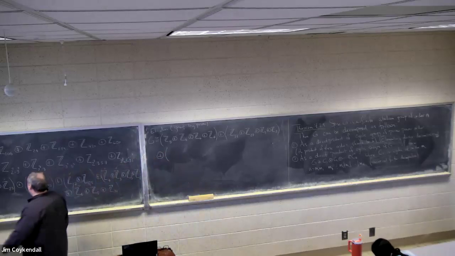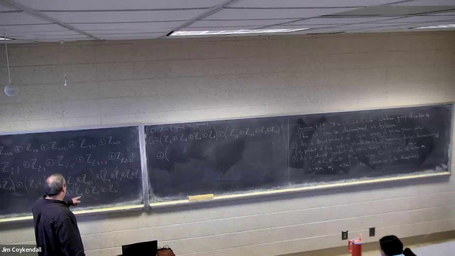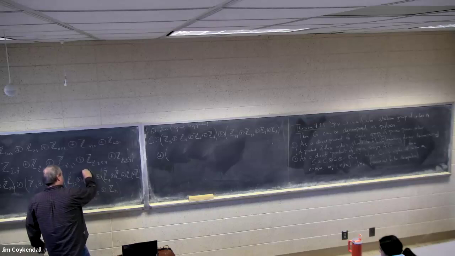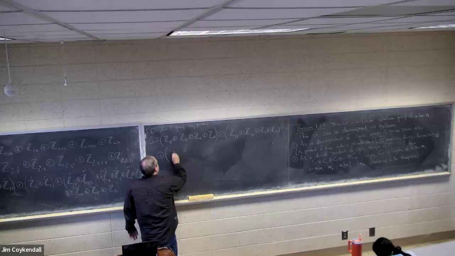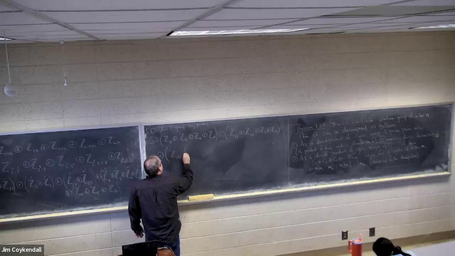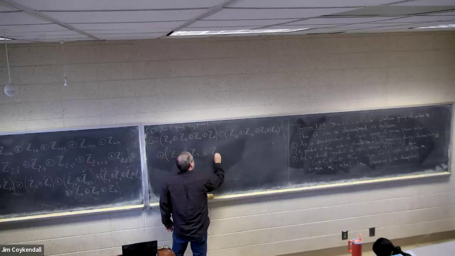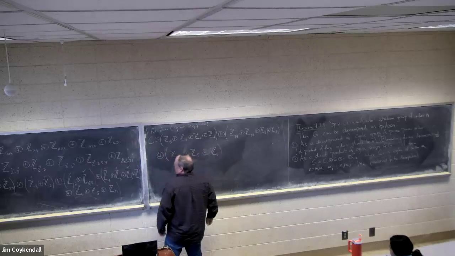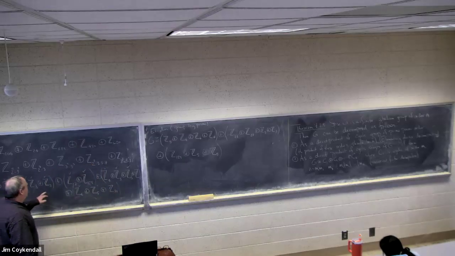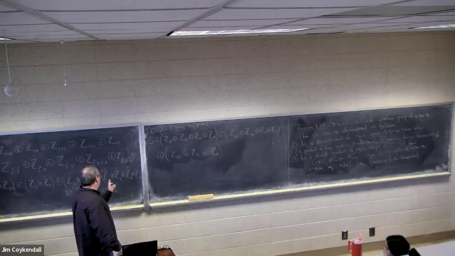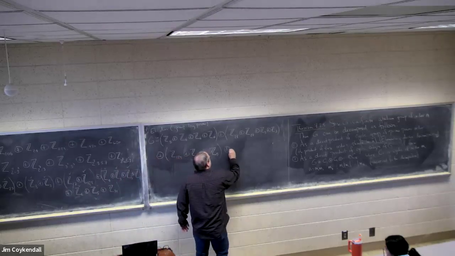Next prime I come to is 5. What do I got for 5? I've got a 125, and I got a pair of 5s. Everybody okay with that? Then I've got 7.